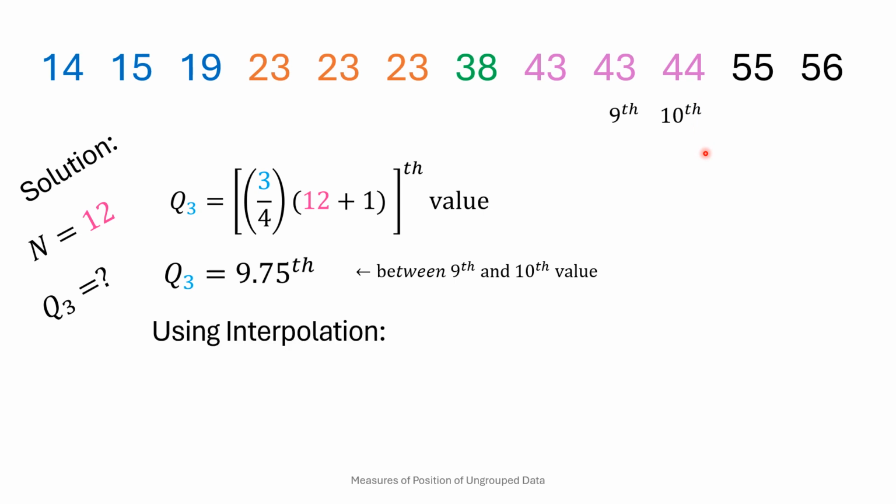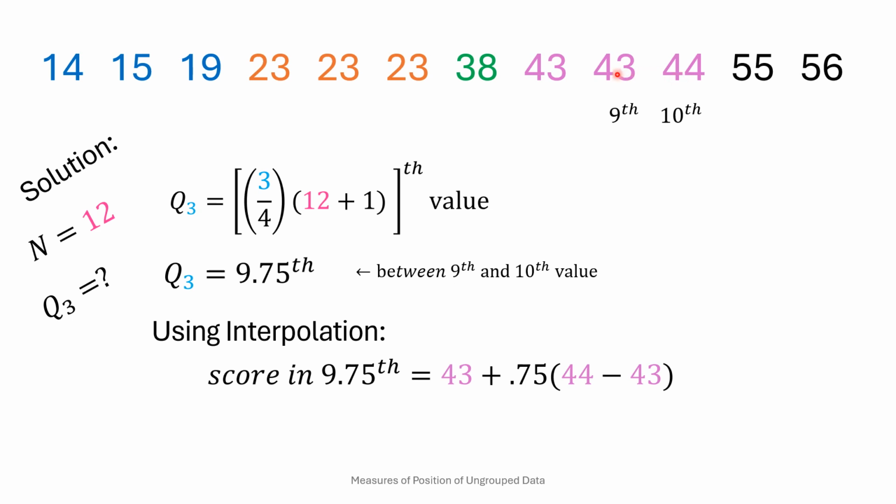Applying the interpolation, the score in the 9.75th value is equal to 43, which is the lower value, plus the decimal part, 0.75, times the higher value 44 minus the lower value 43.